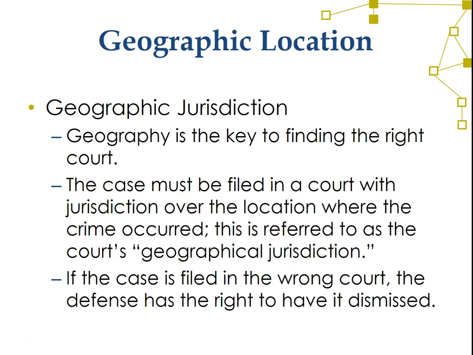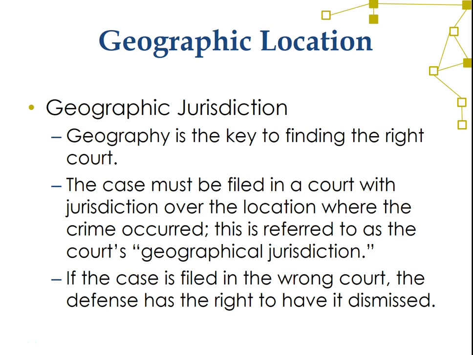Along with the organization of the court comes what they call geographic location. So geography is the key to finding the right court. The case must be filed in a court with jurisdiction over the location where the crime occurred.